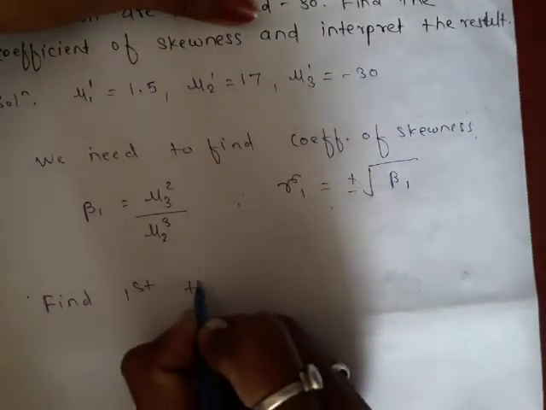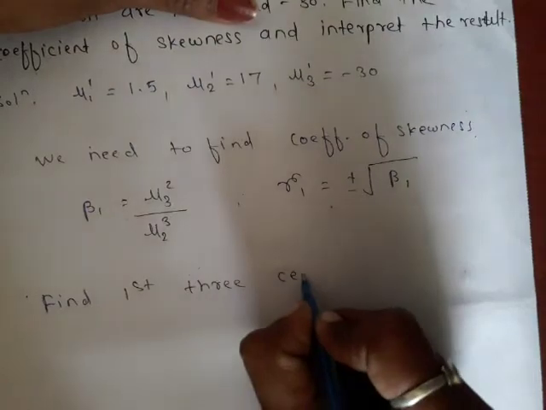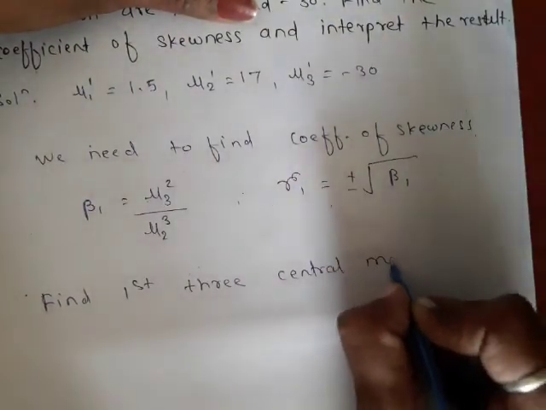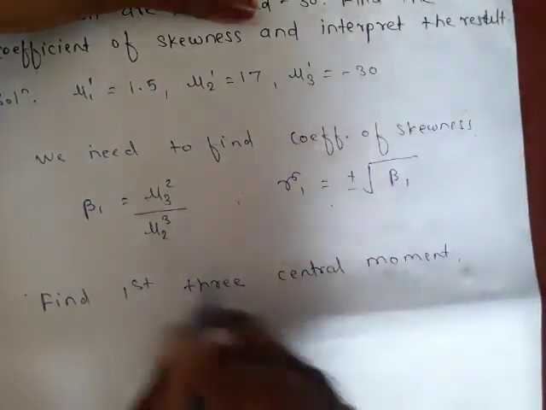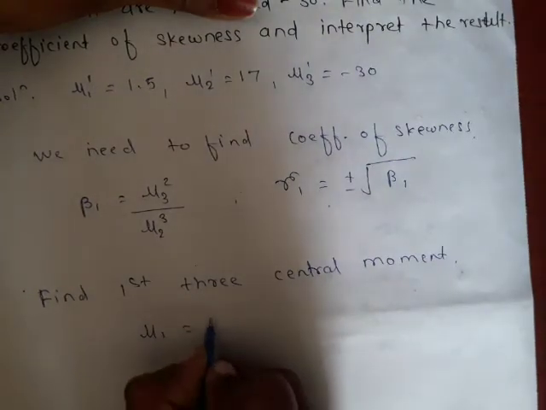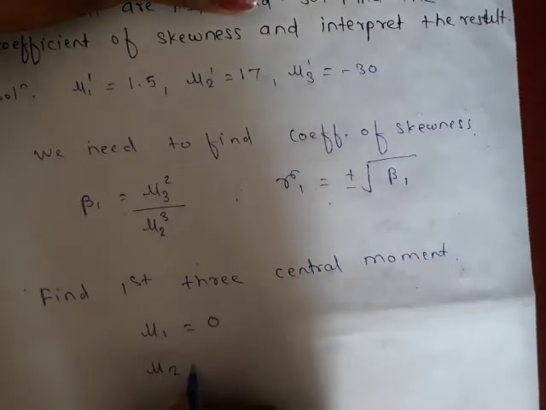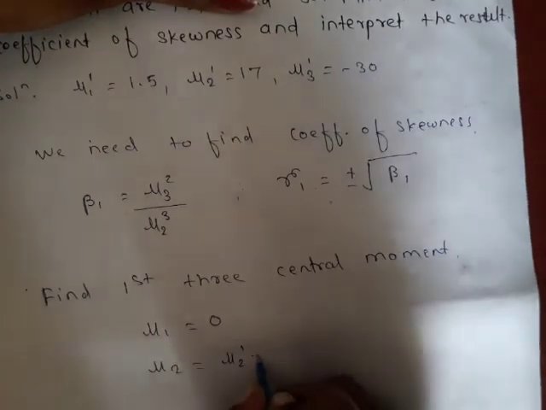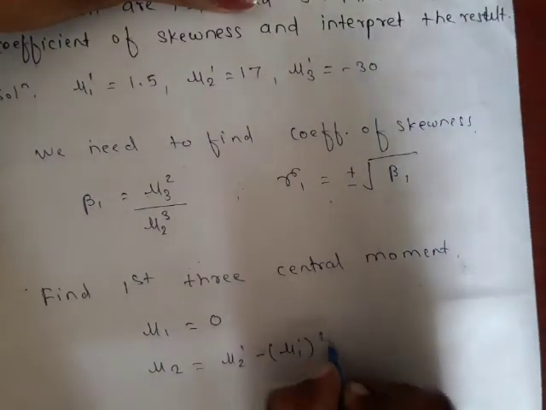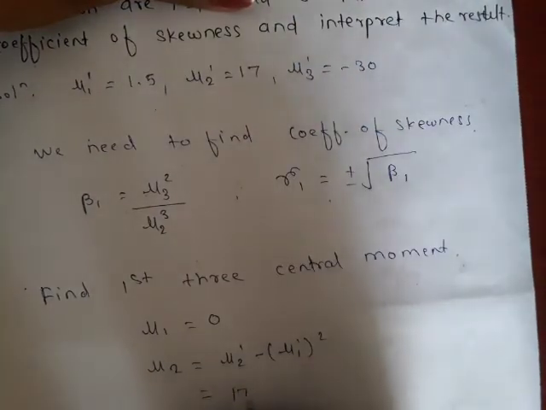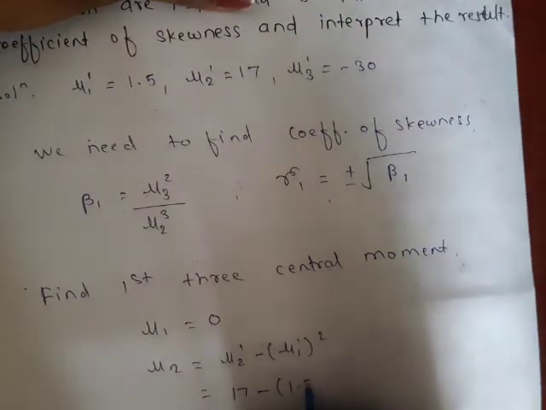Mu1 is equal to 0, mu2 is equal to mu2 dash minus mu1 dash square, so mu2 is 17 minus 1.5 square. Solving this we get 14.75.